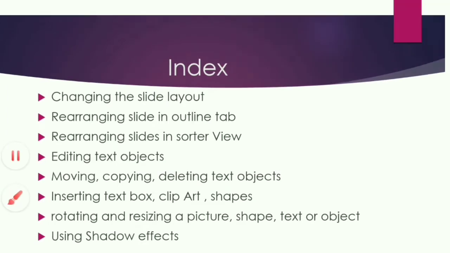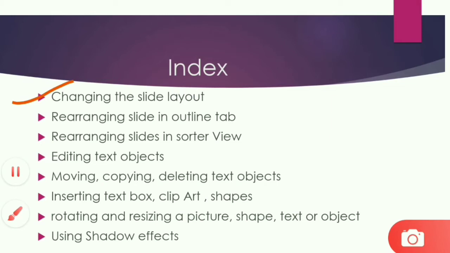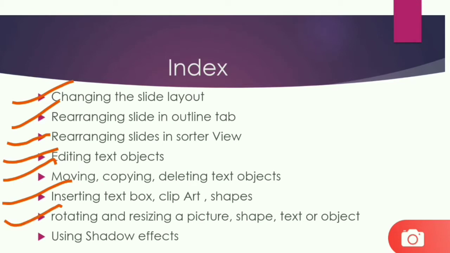In this chapter we will learn about changing the slide layout, how we can rearrange the slide, how we can rearrange the slide in sorter view, how we can perform editing in text objects, how we can copy, move and delete the objects, how you can insert text objects, clip art, shapes in a presentation, how you can rotate and resize a picture, shape, text or object, and the last is using shadow effect, means how you can apply the shadow effect to your picture, to your shape, to your text or to your object.